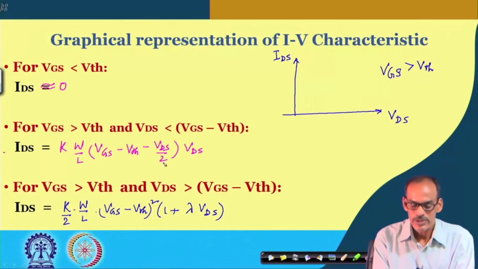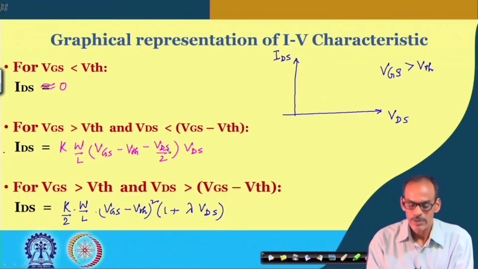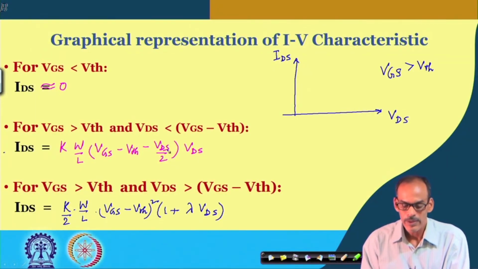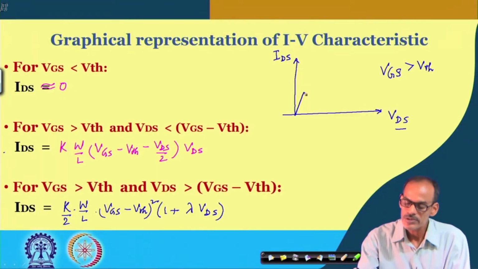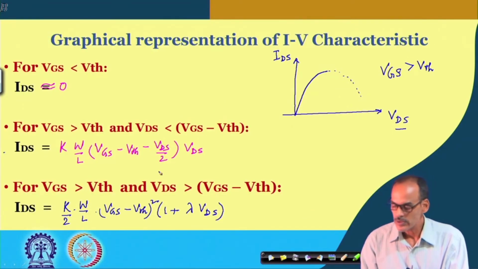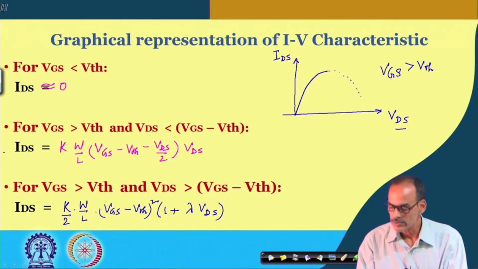This equation indicates that VDS is appearing in a square form, in fact, it is a parabolic relationship. So, if VDS is small, smaller than VGS minus VTH, then it goes in a parabolic way. So, this is the equation. I should use another color to represent this characteristic curve.